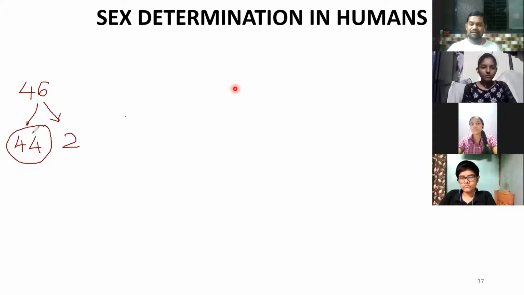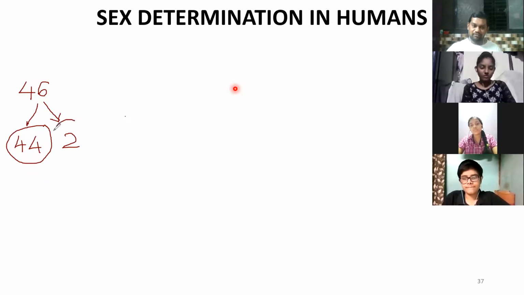Color of the skin is irrespective of the sex. Similarly, height of the individual has no correlation with sex as such. The type of hair, the color of the eyes, these are all general body characters. So such genes are located on the 44 chromosomes, that is, the autosomes.